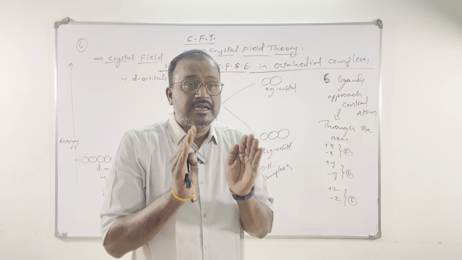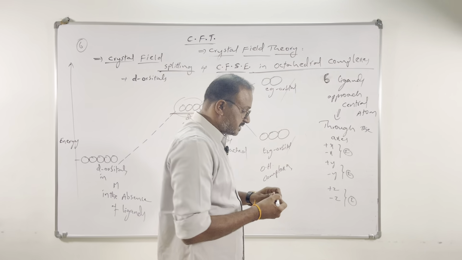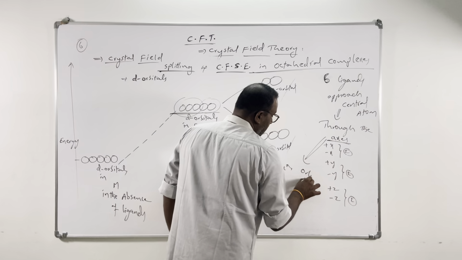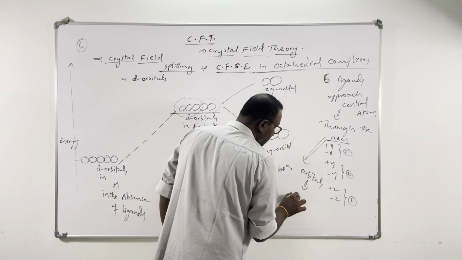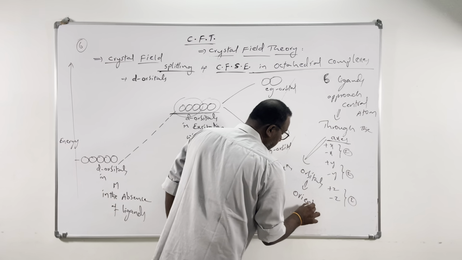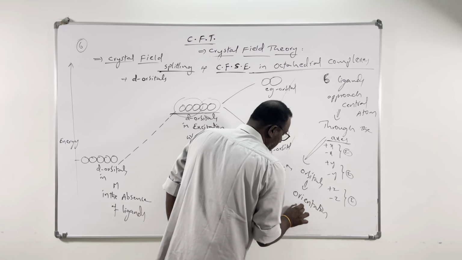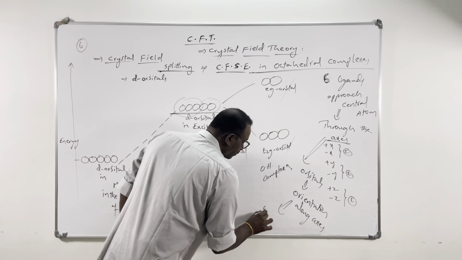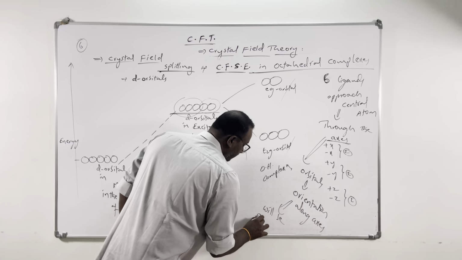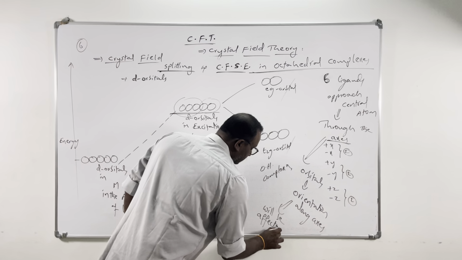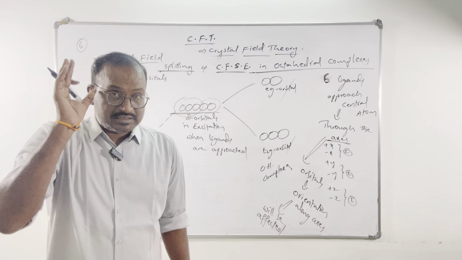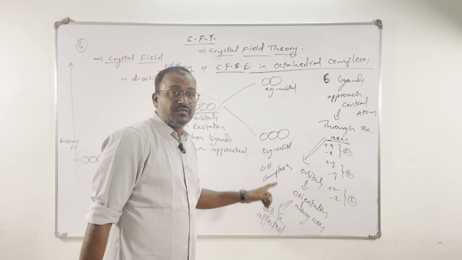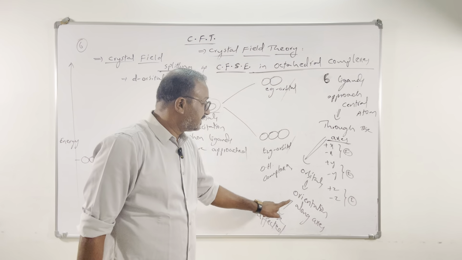When the ligands approach the central atom through the axis, the orbitals which have orientation along the axis will be affected more than other orbitals.